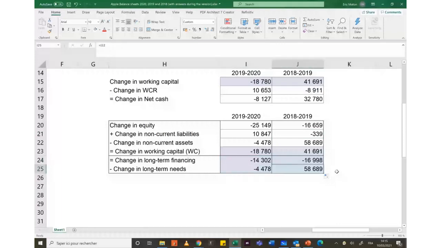So it was normal to decrease the long-term financing because at the same time, we decrease what we need to invest for the long term. So at the end, we had an increase in the net cash because we increase more the working capital than we increase the working capital requirement.